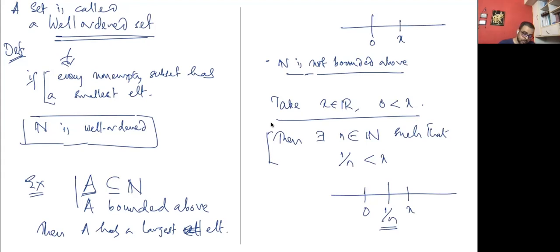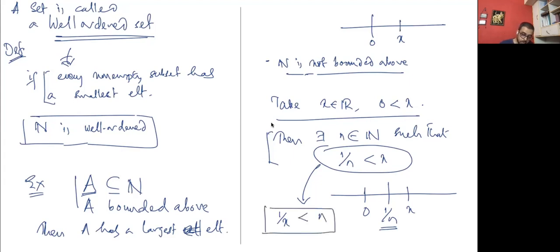And why is that? The reason is simple. So you just rewrite this. So this is equivalent to saying that 1 over x, you're dealing with positive numbers here, so in particular non-zero, so taking multiplicative inverses is fine. So this inequality is the same as this inequality. So what you are essentially saying is that given this number x positive, there is a natural number which is bigger than this number.